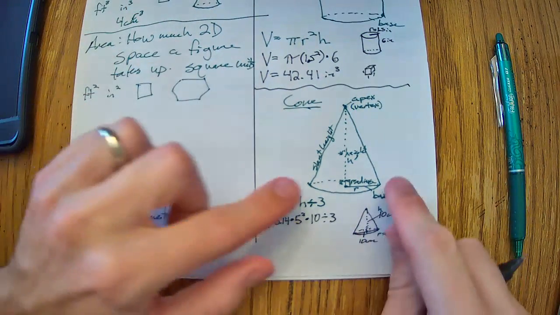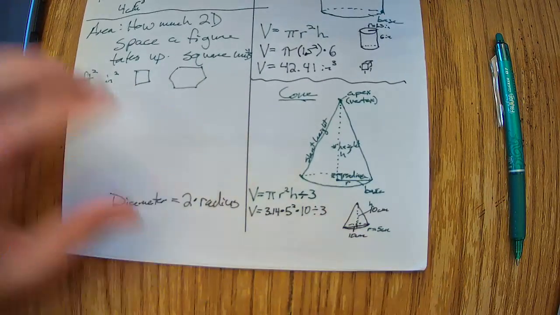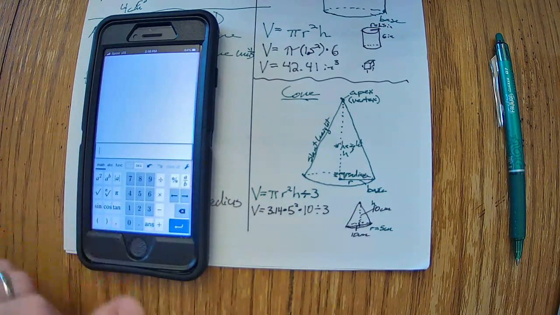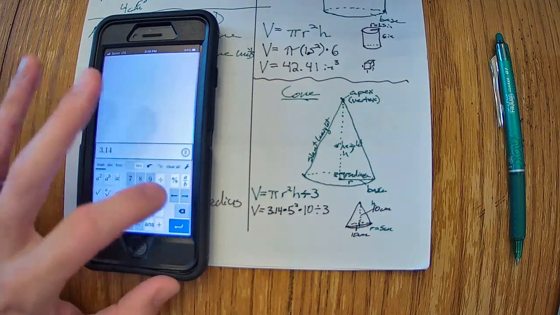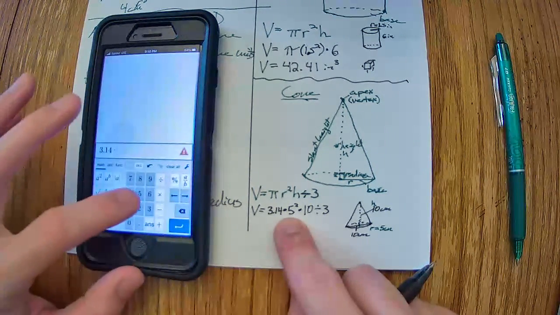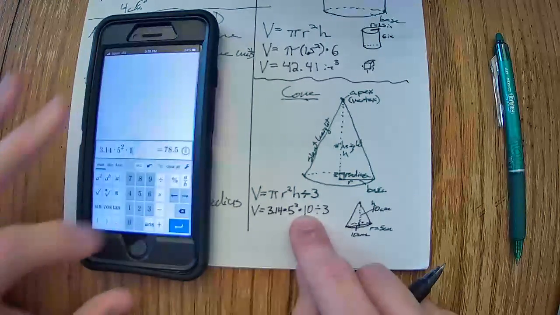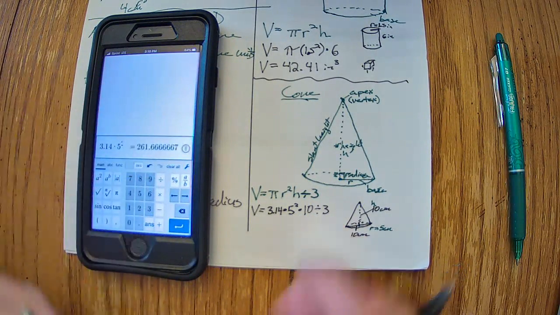Again, because cones of the same base and height are only 1/3 of the size of that same cylinder. So let's plug it in. We'll grab a calculator. This time I am not going to use my pi button. I'm going to type 3.14 multiplied by 5 squared multiplied by 10. And then last but not least, divided by 3.